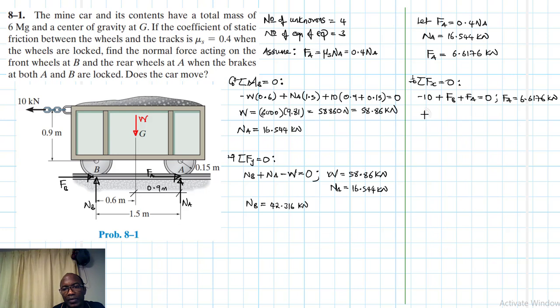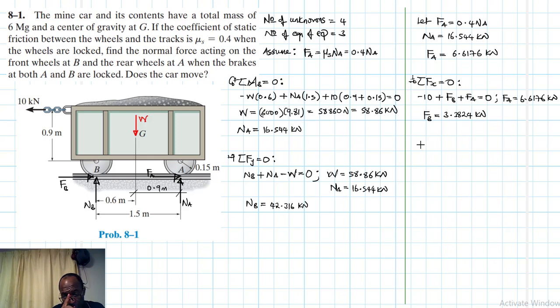Therefore, FB will be equal to minus 10 plus 6.6176. So this gives us 3.3824 kilonewtons.